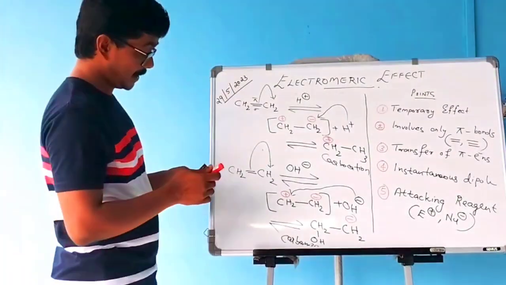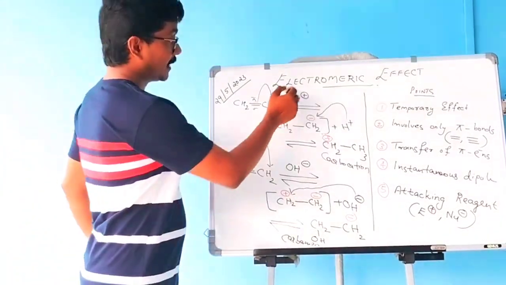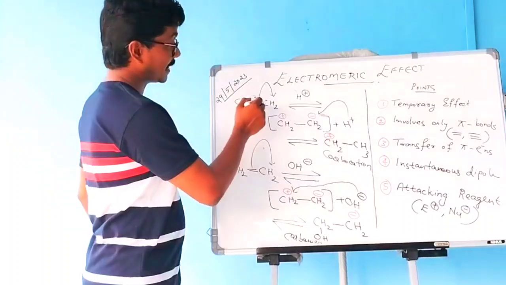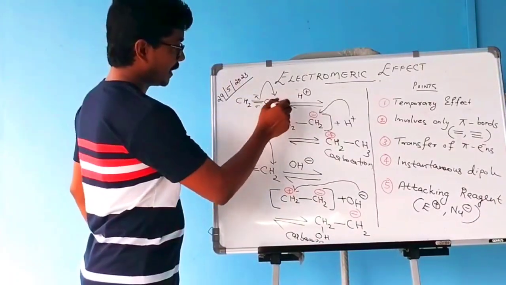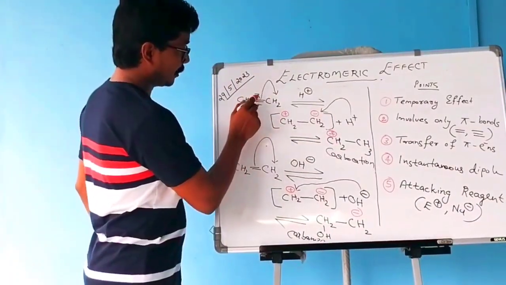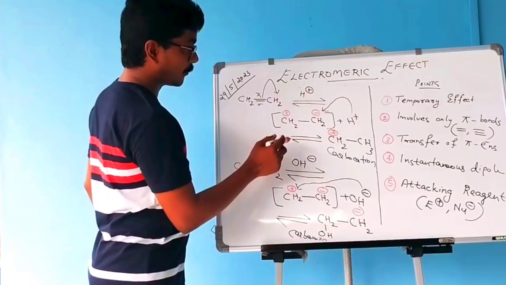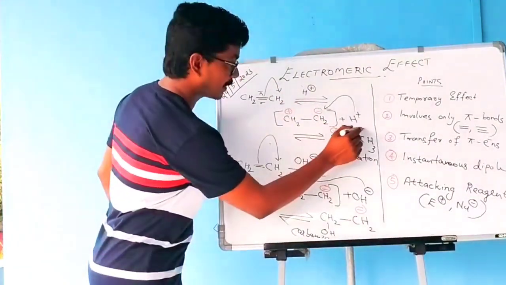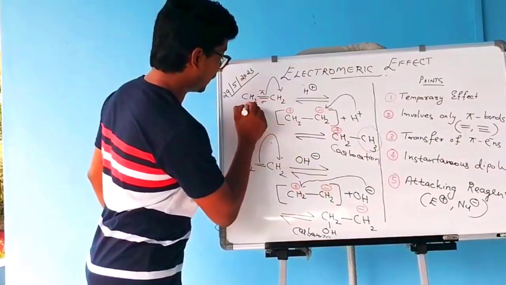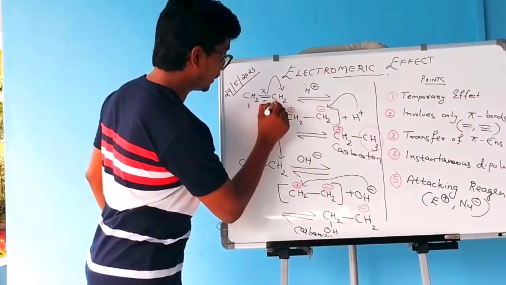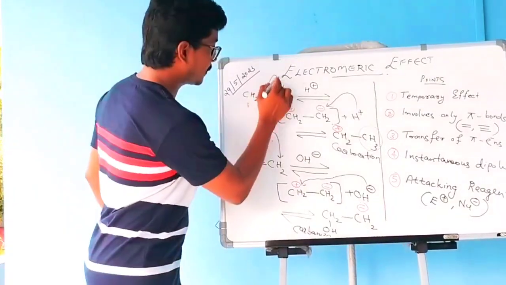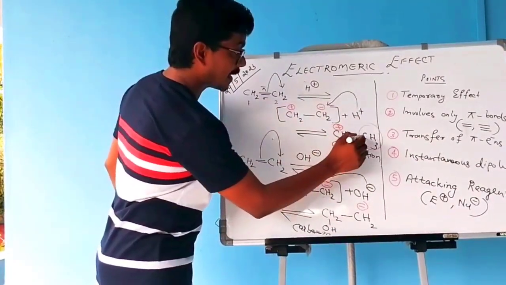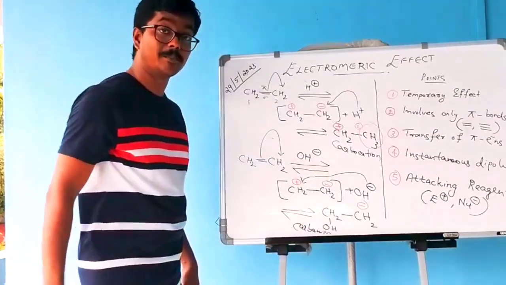Let's see here. An electrophile is attacking an ethene or double bond system. Both the pi electrons and the electrophile move towards the same carbon. If this is the first carbon and this is the second carbon, the pi electrons move to the second carbon, and the electrophile attacks the same second carbon.